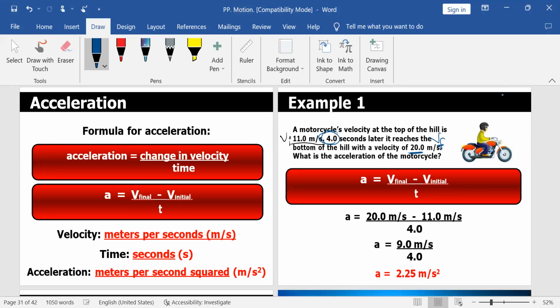What is the acceleration of the motorcycle? Here we apply acceleration equals V final minus V initial over time. So it is 20 minus 11 over 4, which is 9 over 4. So the answer will be 2.25 meters per second squared. Clear? Easy?